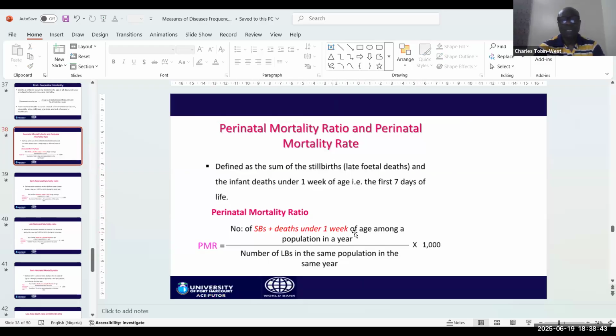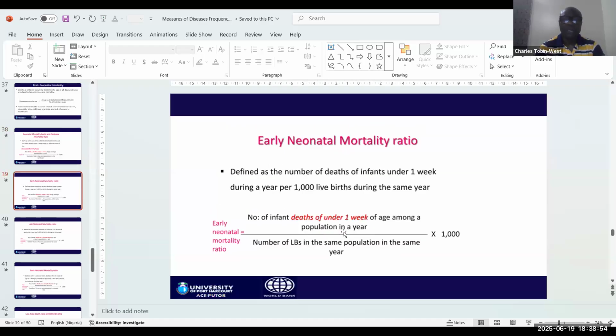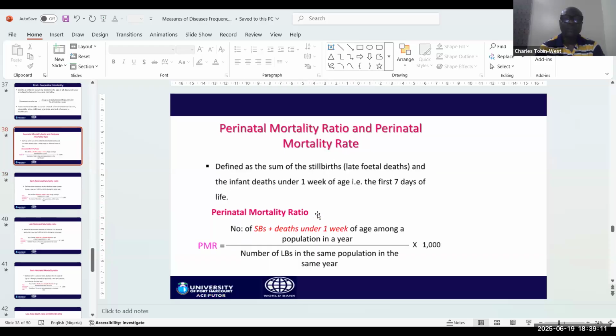So you have stillbirths and deaths under 1 week in the population, over total live births, the same population in the year. You just take the number of deaths, stillbirths and early neonatal deaths, over the total number of live births. That's why it's a ratio.